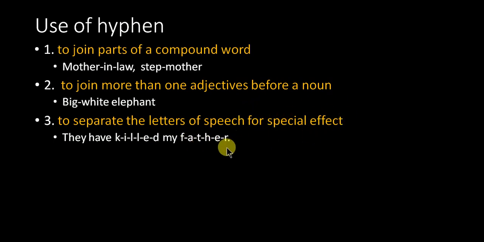Understand this, students? You can say if someone is weeping and while weeping he pronounces some words, he can't pronounce the words with proper tone, with proper timing, so we write in this way to show that effect.